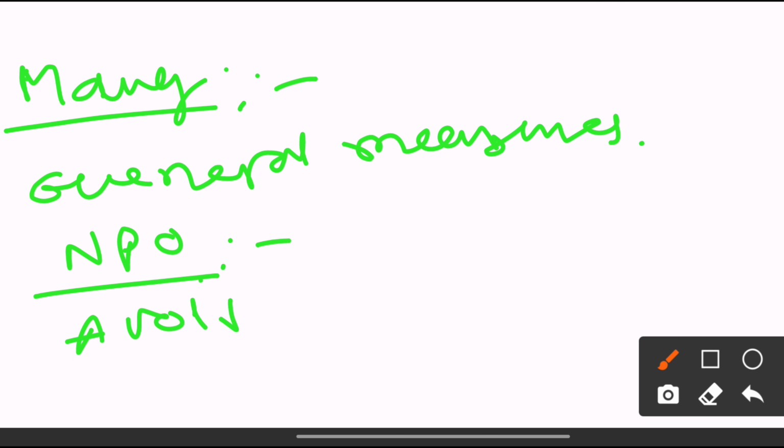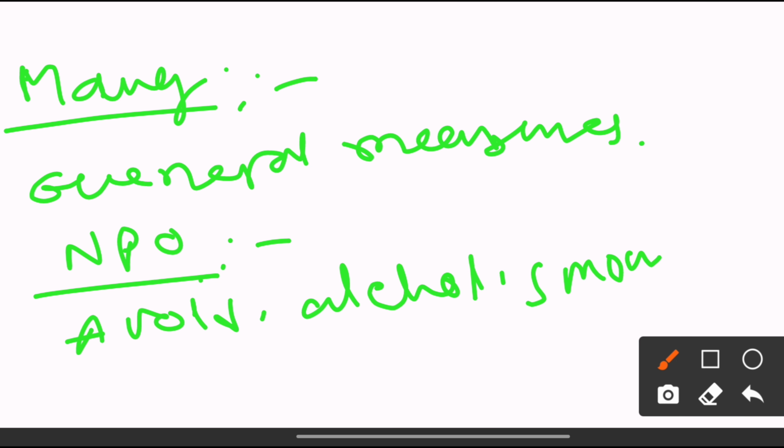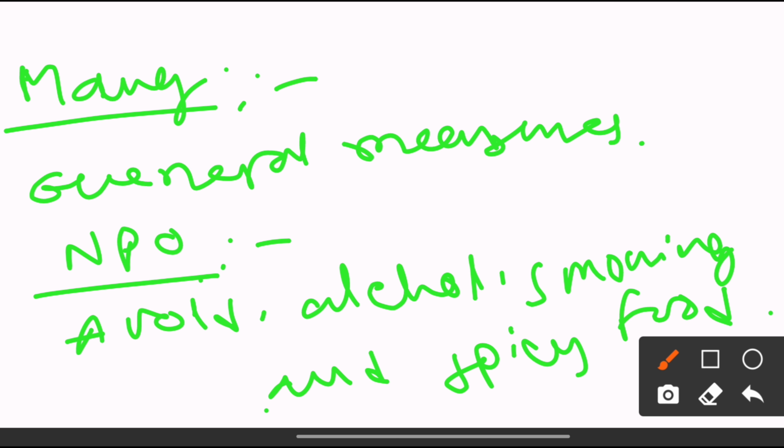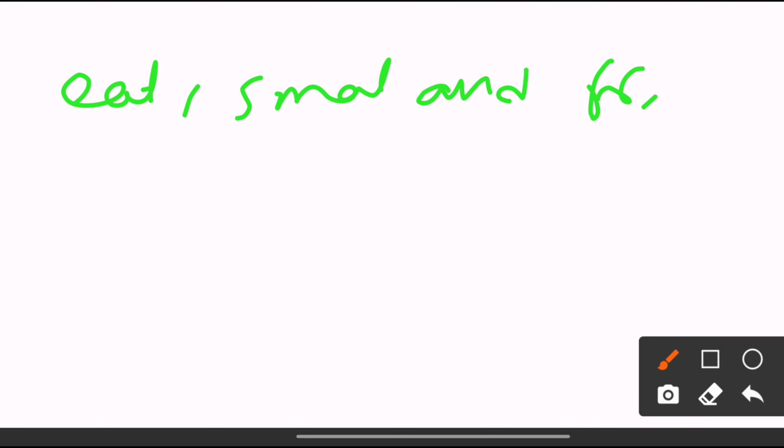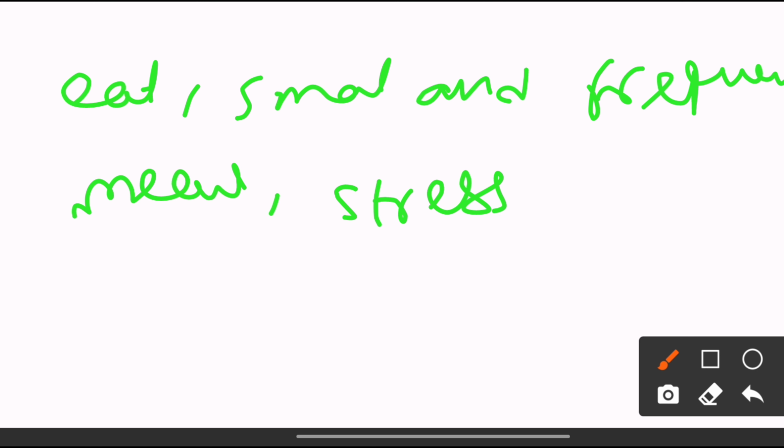Avoid alcohol, smoking and spicy food, and eat small and frequent meals. Stress reduction.